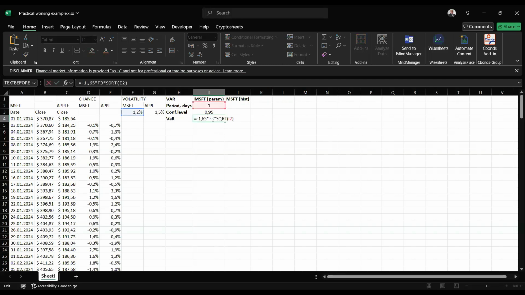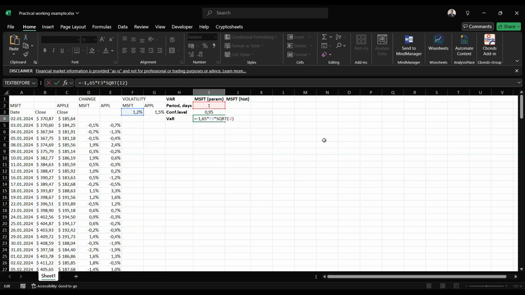If we take into account the confidence level of 0.95, then we have to set the percentile of the standard normal distribution, or Gaussian distribution, as 1.65. This is a predefined value of the percentile for this given confidence level. Then we put in minus, as it is a loss.